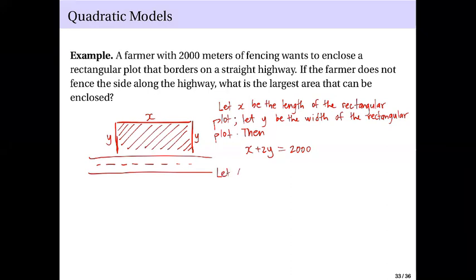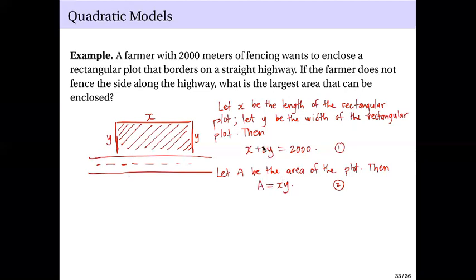So let A be the area of the plot. Then this area A is equal to x times y. Correct? So let us label this guy here as our equation 1. And then we label this as our equation 2.